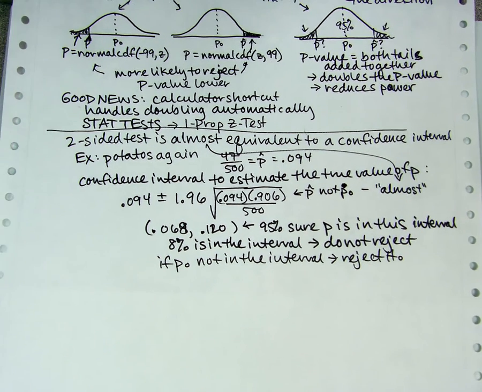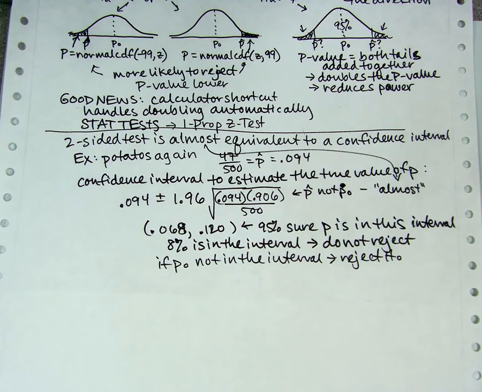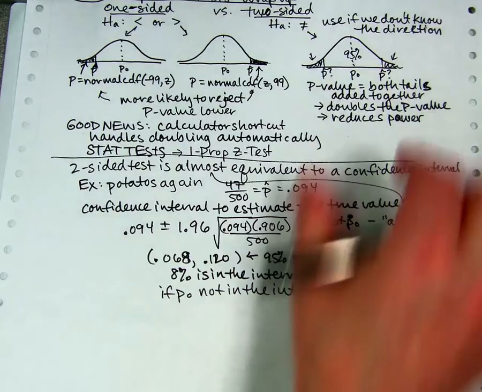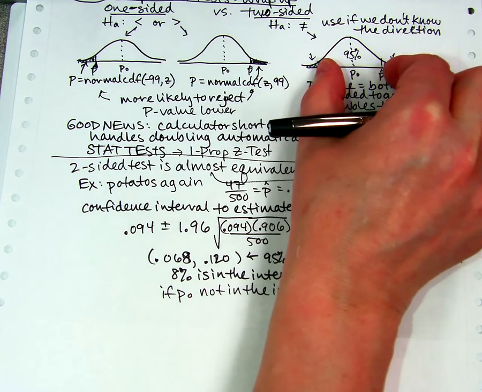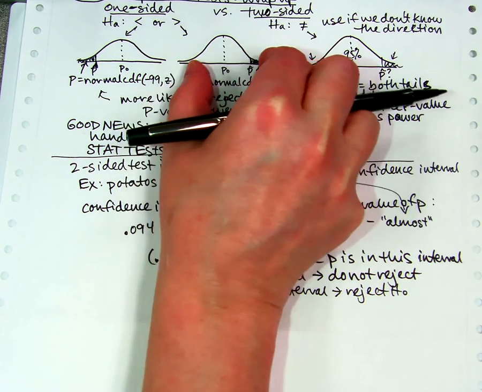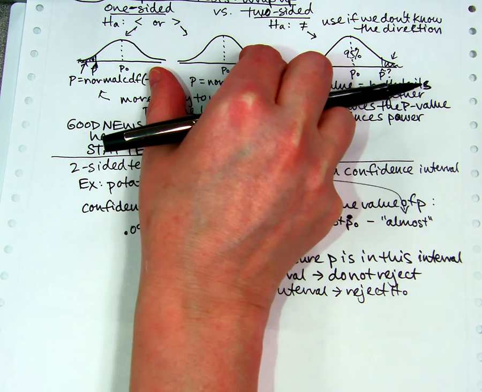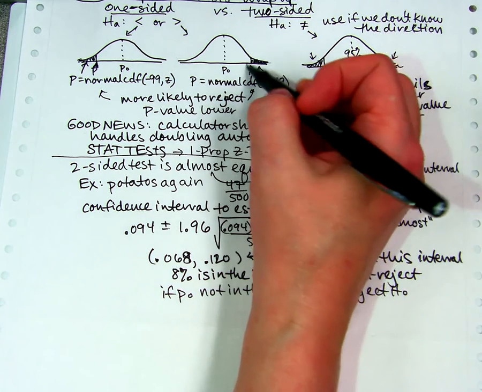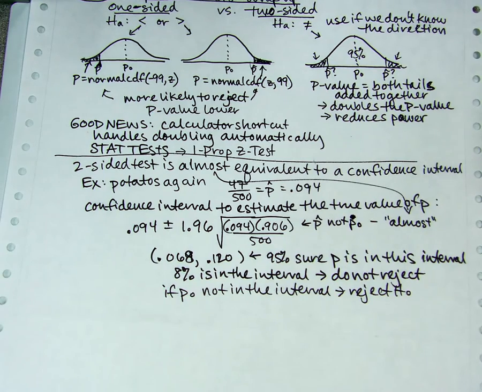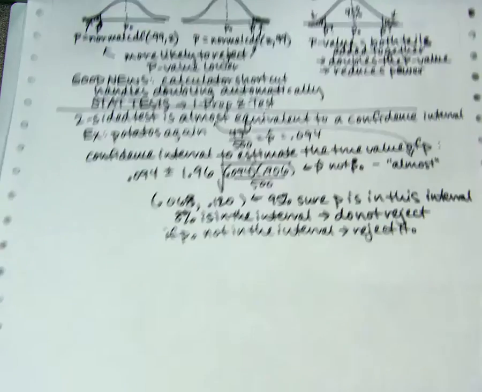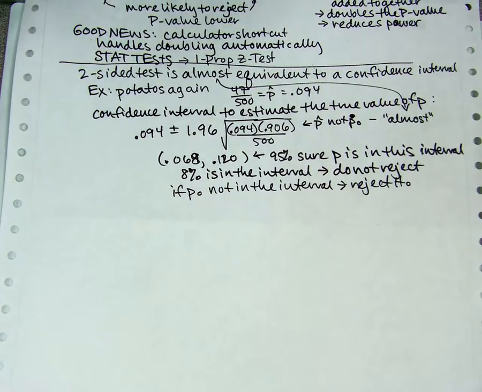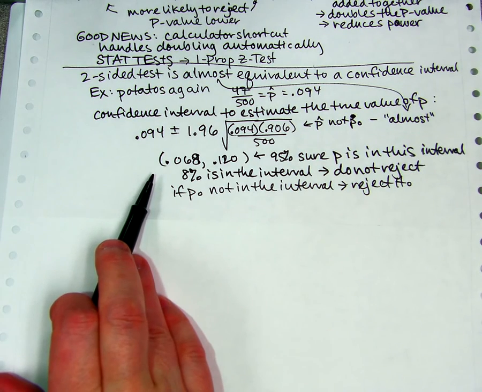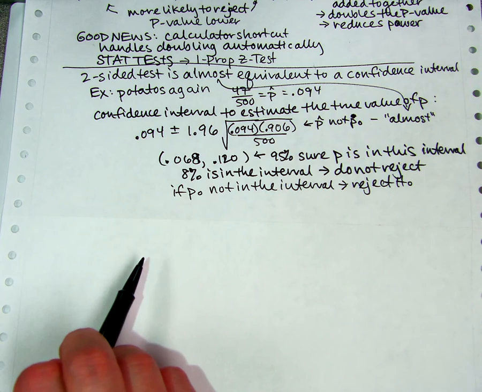So it's actually probably not good that I used that with the example from 9.2b, because that was not a two-sided test. The confidence interval is the middle 95%. And if I wanted to do a one-sided one, we're not going to learn how to do a one-sided confidence interval. You'd have to recalculate your z-star based on this being 5%. We're not going to do that. But you get almost exactly the same results. Like you would reject with the confidence interval the same times you would reject with the significance test method.